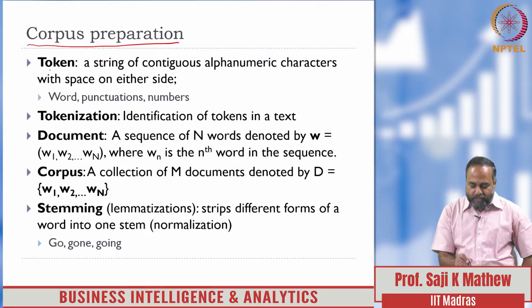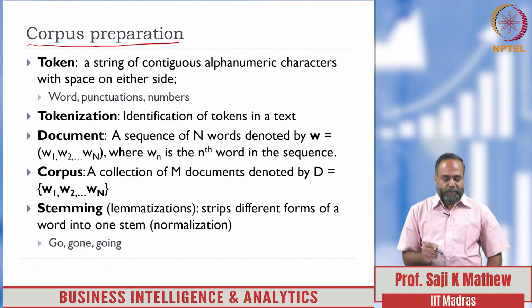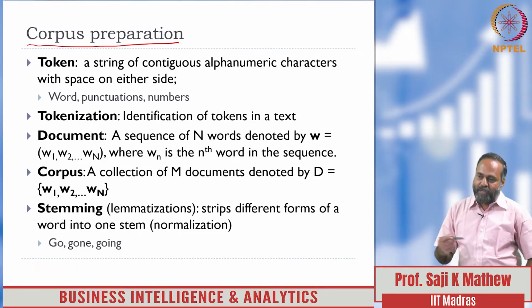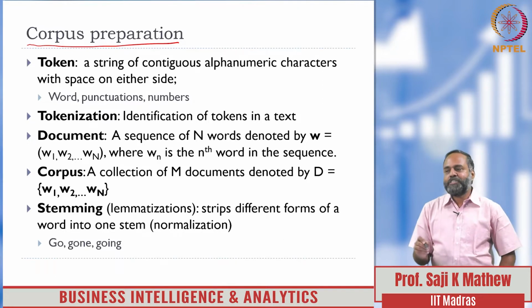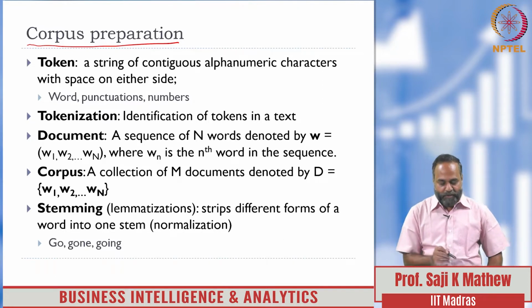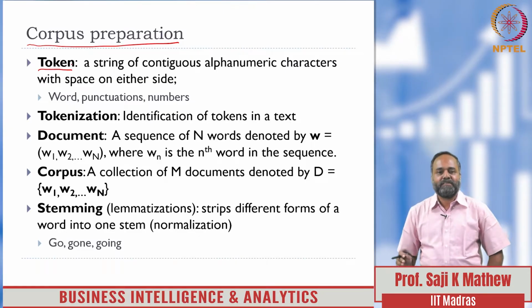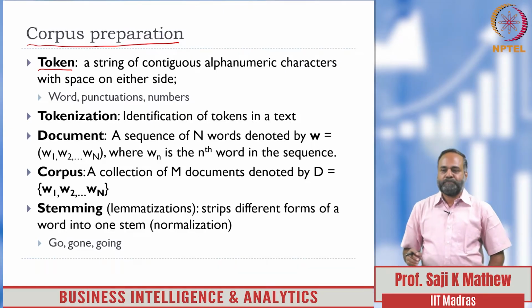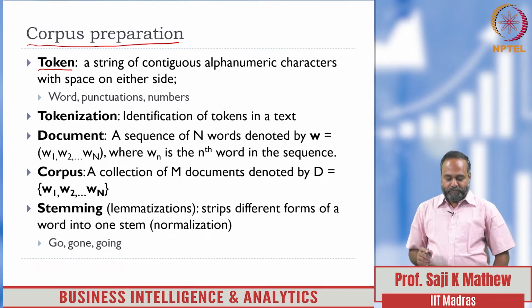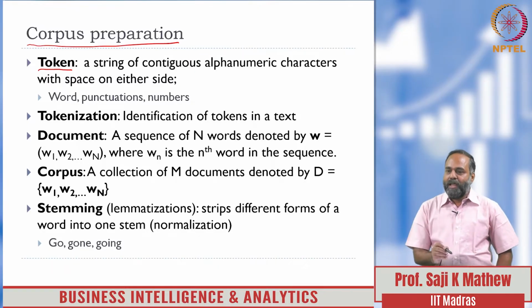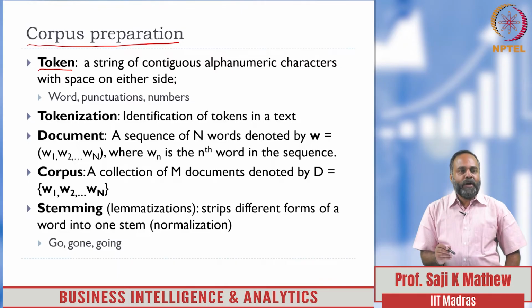So there are certain standard terms, or there is a vocabulary of text mining which you must be very familiar with, otherwise you will get confused when you do text mining. The first or most elementary terminology is a token. What is a token? If a text is given, how do you identify tokens?